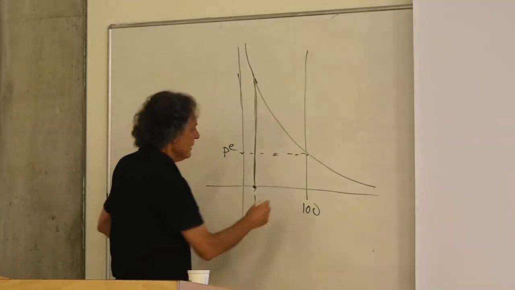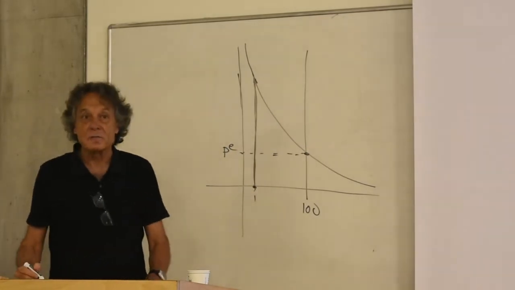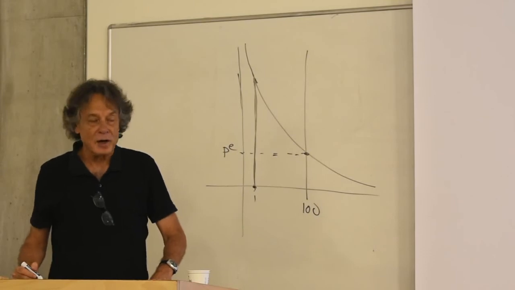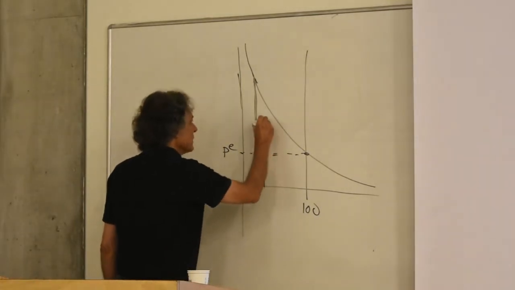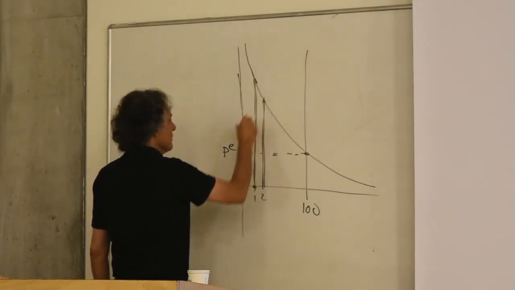Because who gets it? Everyone. The price is PE. Who pays the price PE? Those that value the apartment for a higher price or equal. The second one is here. He is willing to pay, let's say this is the second, this much, more than PE.